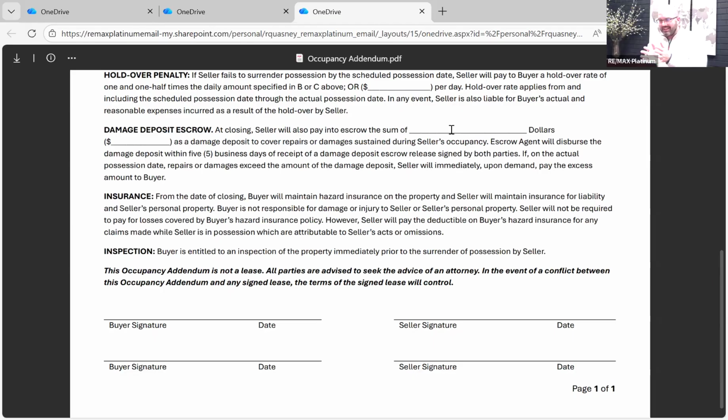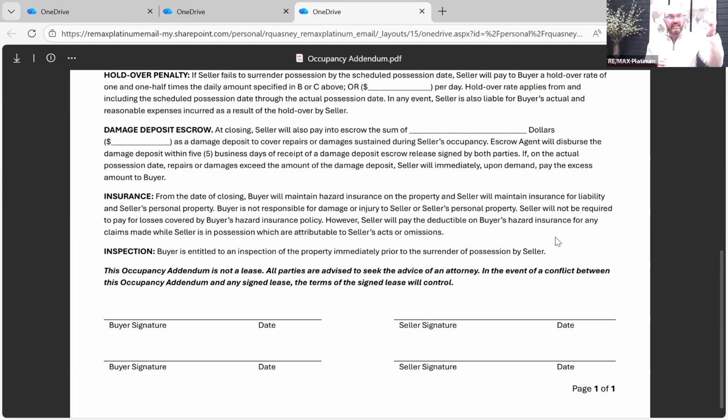So that cracked window the buyers would have to accept, even though they would argue it occurred after the inspection but before possession. But if it occurs after close or before closing, then that's the whole point of the final walkthrough. So I mean that was just an interesting discussion that definitely comes into play here of why it's so important to document, if you're a buyer's agent especially, when you do that final walkthrough, if you know there's going to be 30 days of possession, take a video of the property when you're doing that final walkthrough.